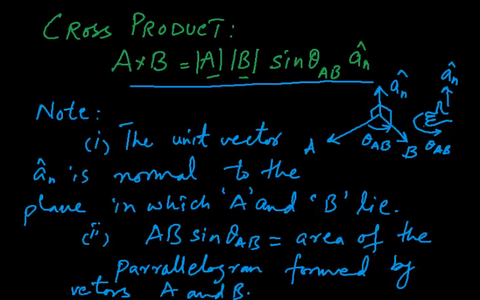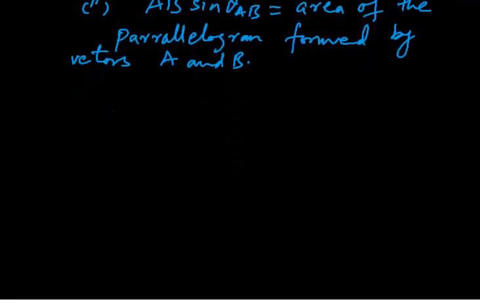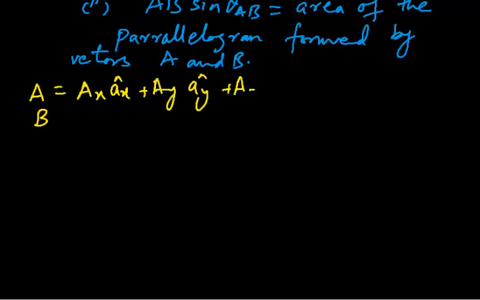Now let's jump into a simple example, as in the case we did previously. Let it be a and b, and we are going to take the cross product. Let a be again equal to ax plus ay plus az in the direction of az, likewise bx and by and bz and so on.